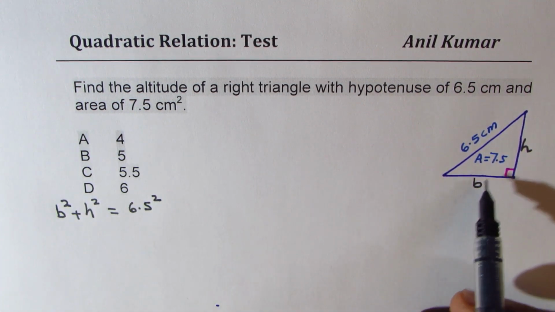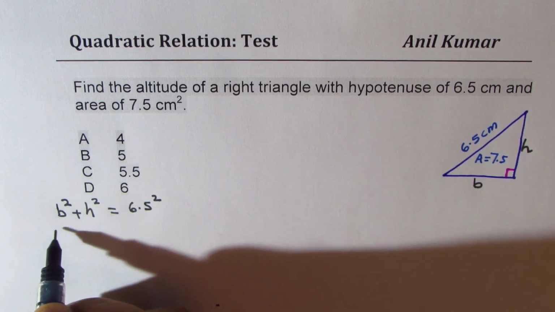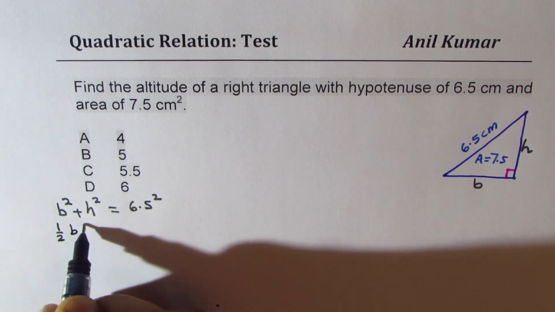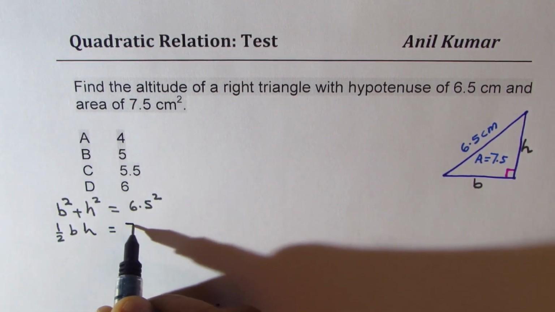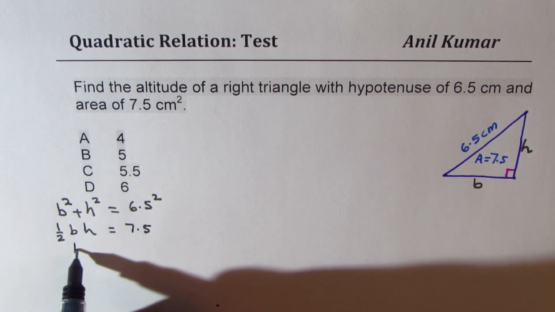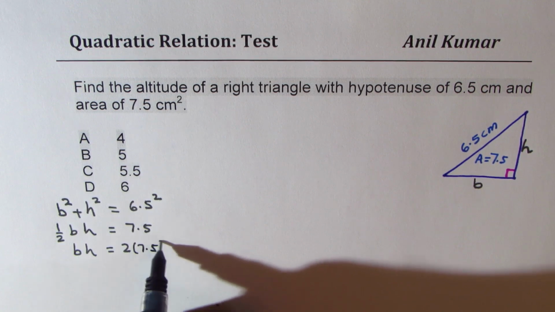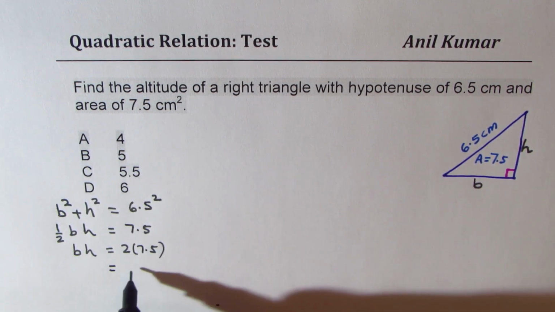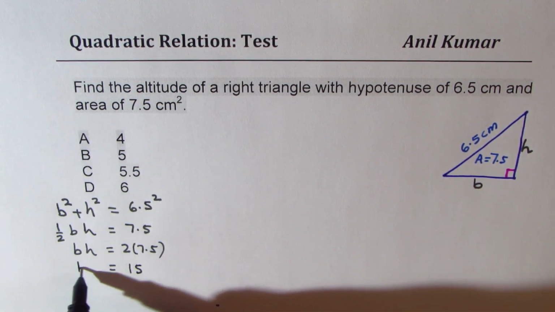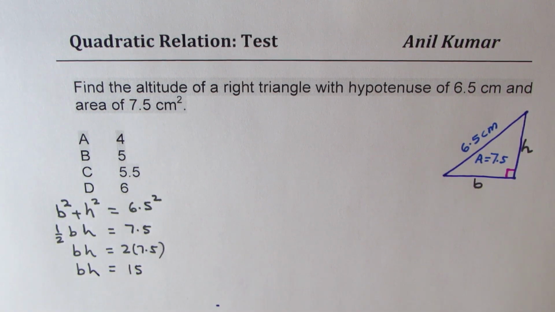Another relation which you could write is based on area, that is half base times height is 7.5, or you can say base times height is 2 times 7.5, which is 15, correct? So base times height is 15.